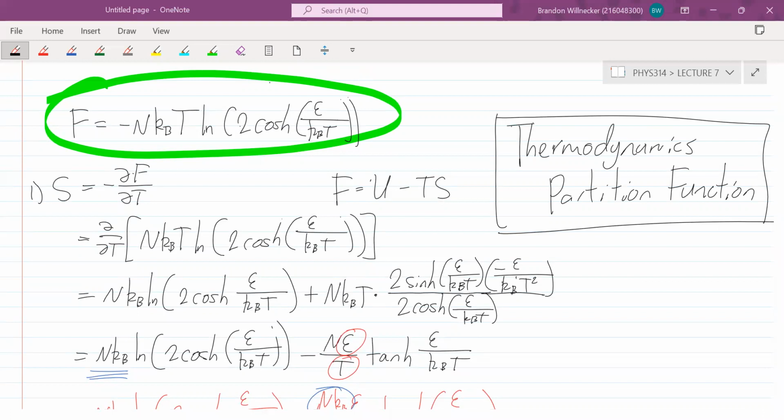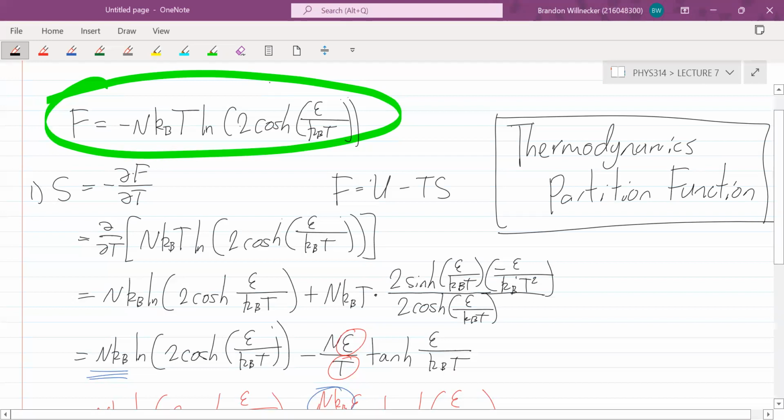So you're given a system, you calculate this thing called the partition function, and then using the partition function, you get your free energy or your Gibbs free energy or something like that. And then that's step 0. And then step 1, again, find the entropy, find the internal energy, and so on.